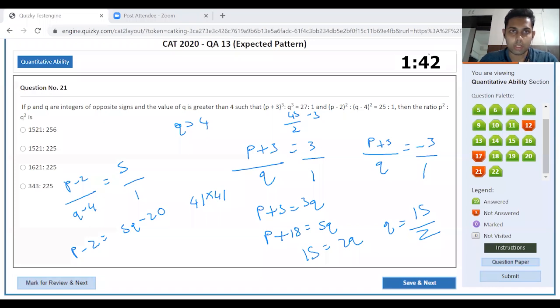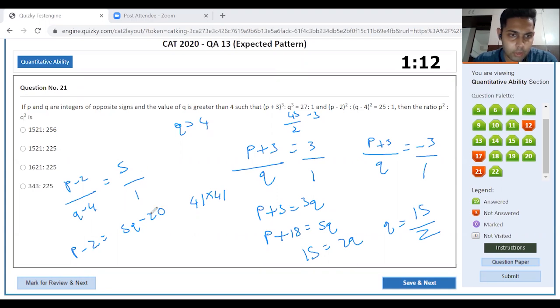Let's just check it. 41 into 41, 1681. Okay. 1681 is not something that I have here. That means I went wrong somewhere. Calculations most probably.